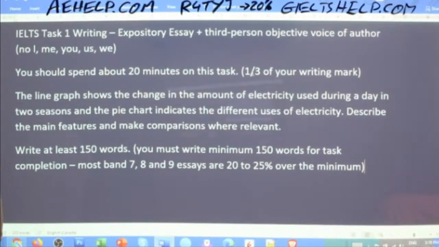So most of the higher band essays are getting closer to the 180, 190, 200 mark for word count. Keep that in mind. All right.